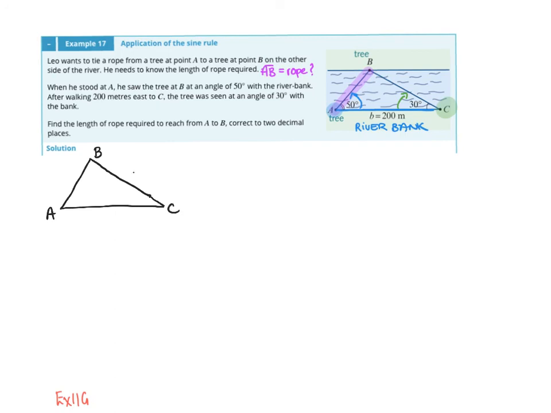And I'll put in my little sides like that, and then I might write in what I know. So I've got 30 degrees, 50 degrees, 200, and this C is the question because that's the length of the rope, AB. So I definitely need C, so I'll use sine C.